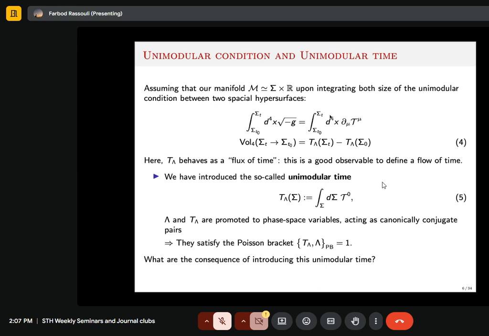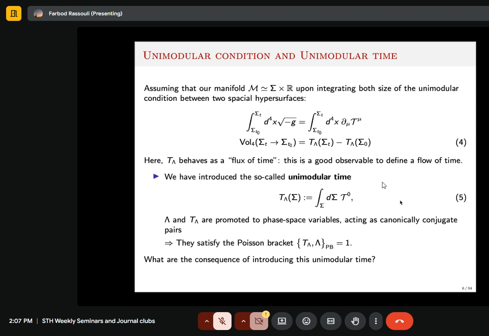If we assume that our manifold is topologically Σ × R, and you integrate both sides of the unimodular condition, you get a volume between two hypersurfaces and a difference of this T_λ, which we're going to call the unimodular time, in equation 5. Why is T_λ so important?